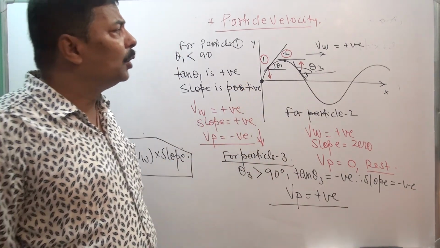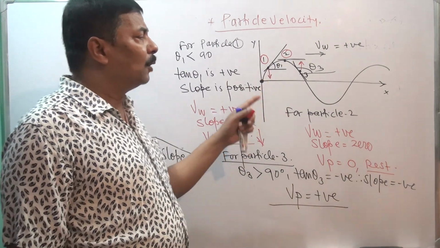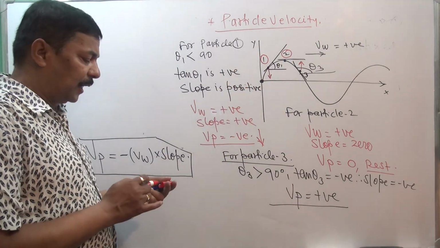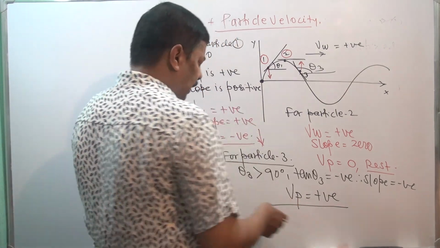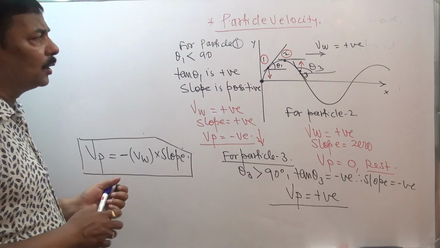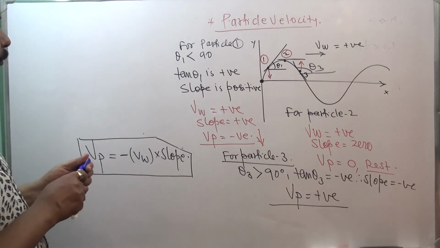And I have told you one more method, that you have to shift the wave. Now the same wave I am generating here, and let us analyze whether it is contradictory or not if I use the method that I have told you.